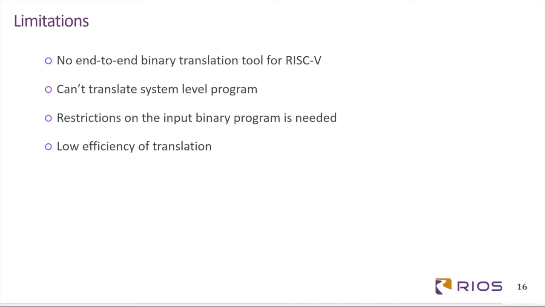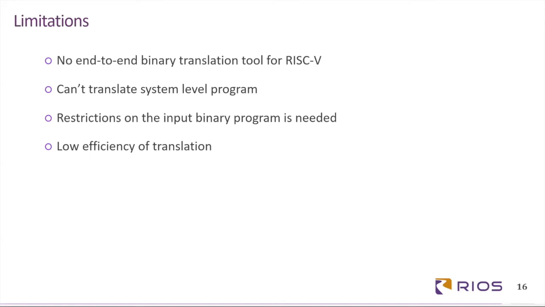And the third point is there are many restrictions on the input binary. For example, if you want to use a tool to translate ARM to x86, first you may need to compile the ARM code using a lot of GCC flags, and the GCC version may also be restricted.